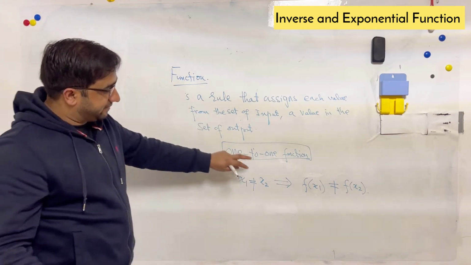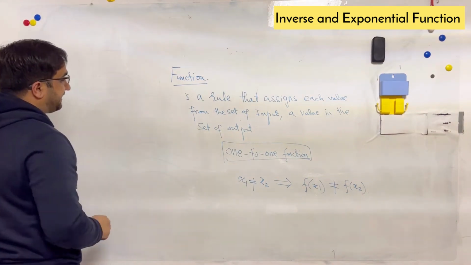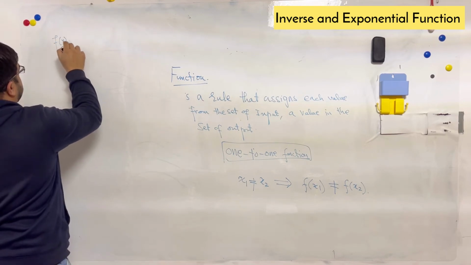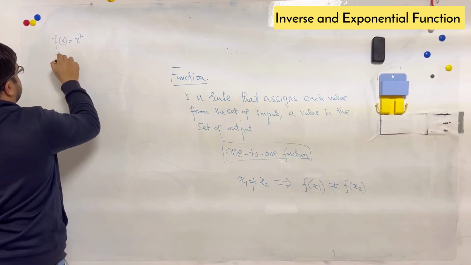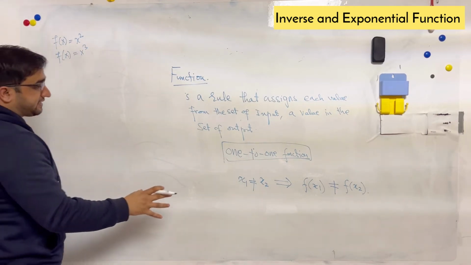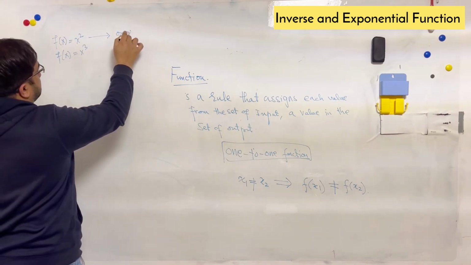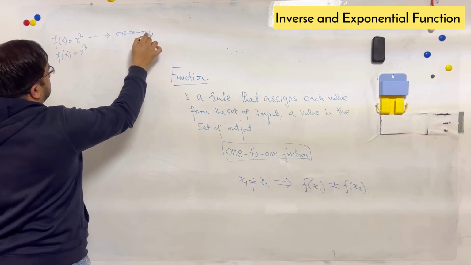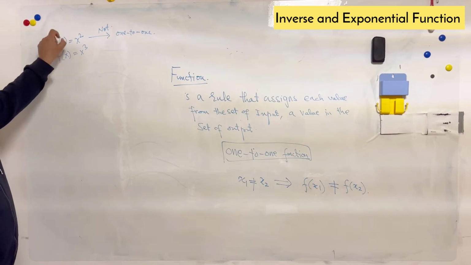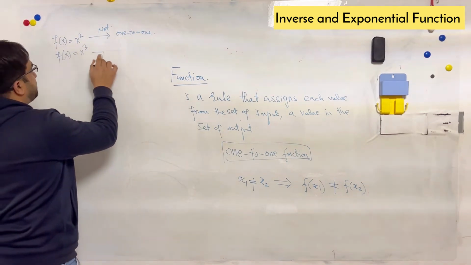Now, the same thing which I have written here, we can define graphically. Suppose the same function x square, and let us have another function x cube. I already just now proved that x square is not one-to-one, because when you put minus 1 and plus 1, it gives you the same result. But this function is one-to-one.